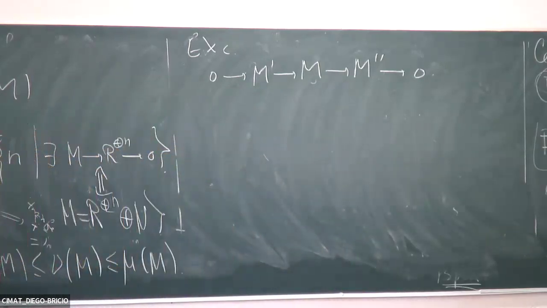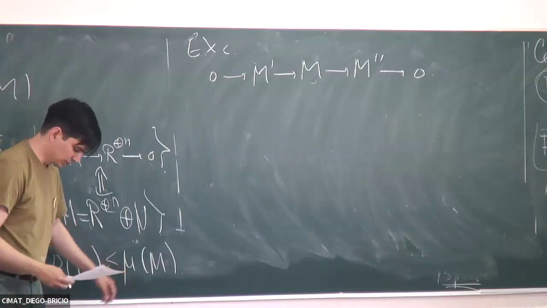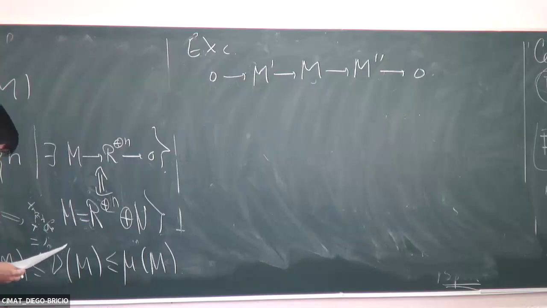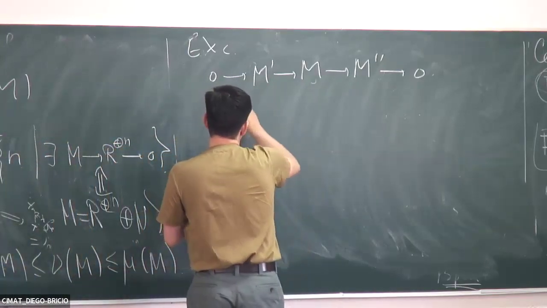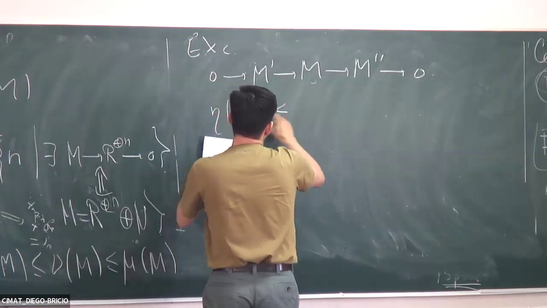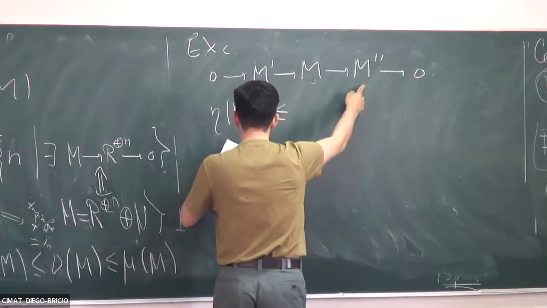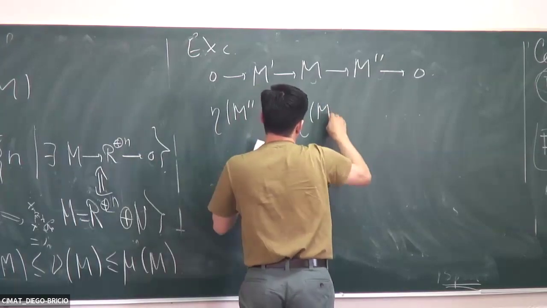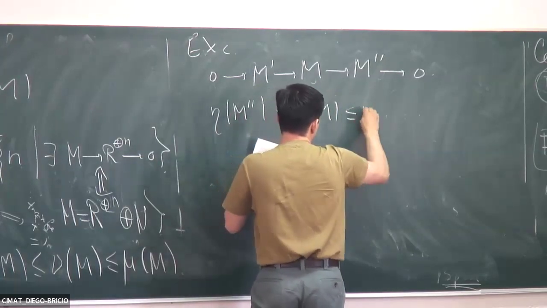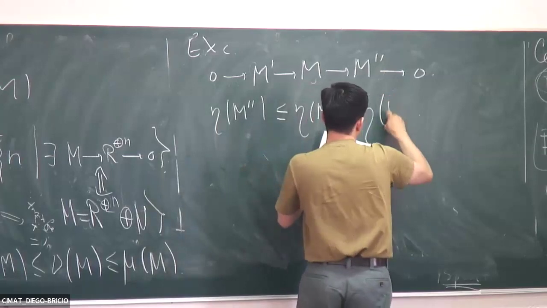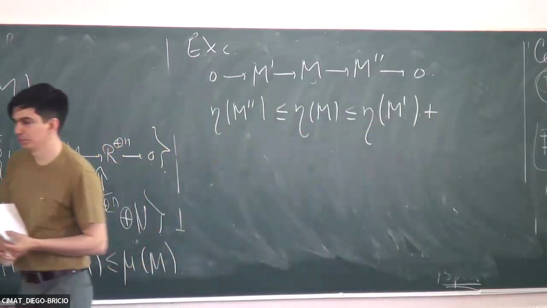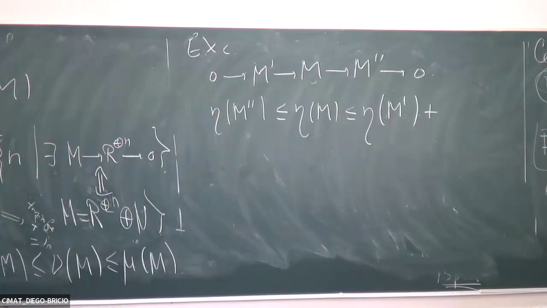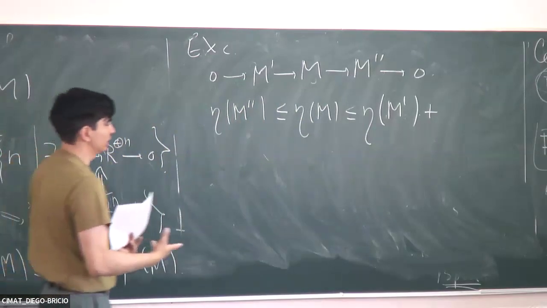And the point is that this thing here is not subadditive, as opposed to these two, which are, okay? But you have the following. You can say that the free rank of the cokernel is less than the free rank of M, which is less than the free rank of M prime. And here, your dream is to put eta of M double prime, at the very least, but it's not the case.